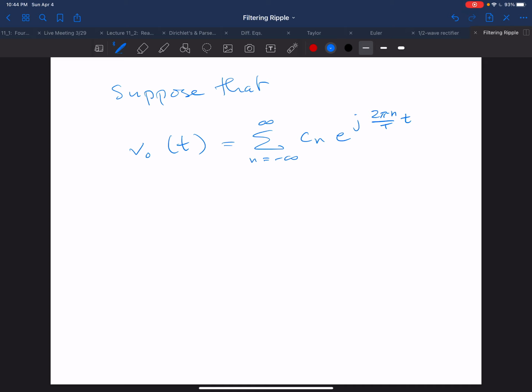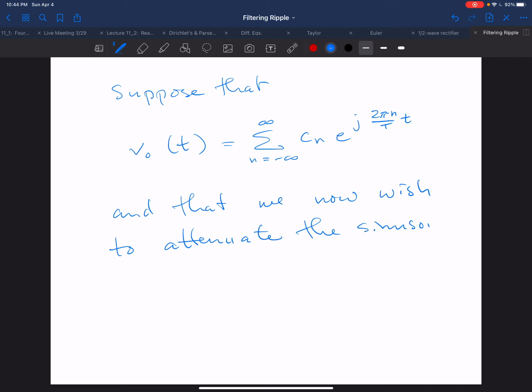And suppose that we now wish to attenuate the sinusoidal components to get rid of the ripple, but ideally not the DC component.